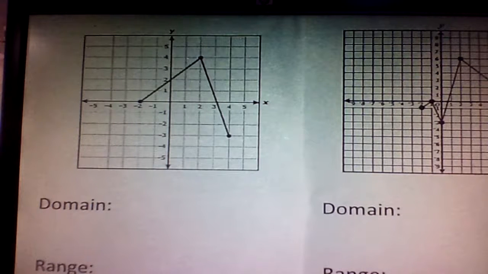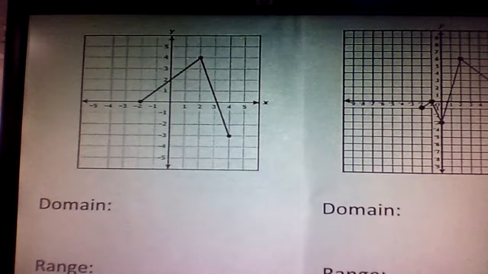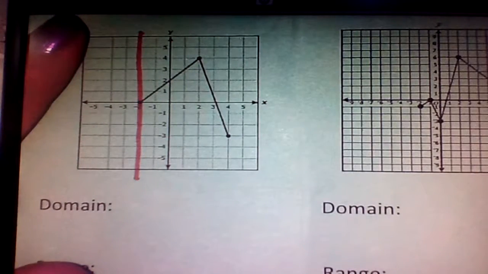Okay, your domain. What is your smallest x value on your graph? -2. Okay, my x's go as far out as -2. How far to the right does my graph go? +4.